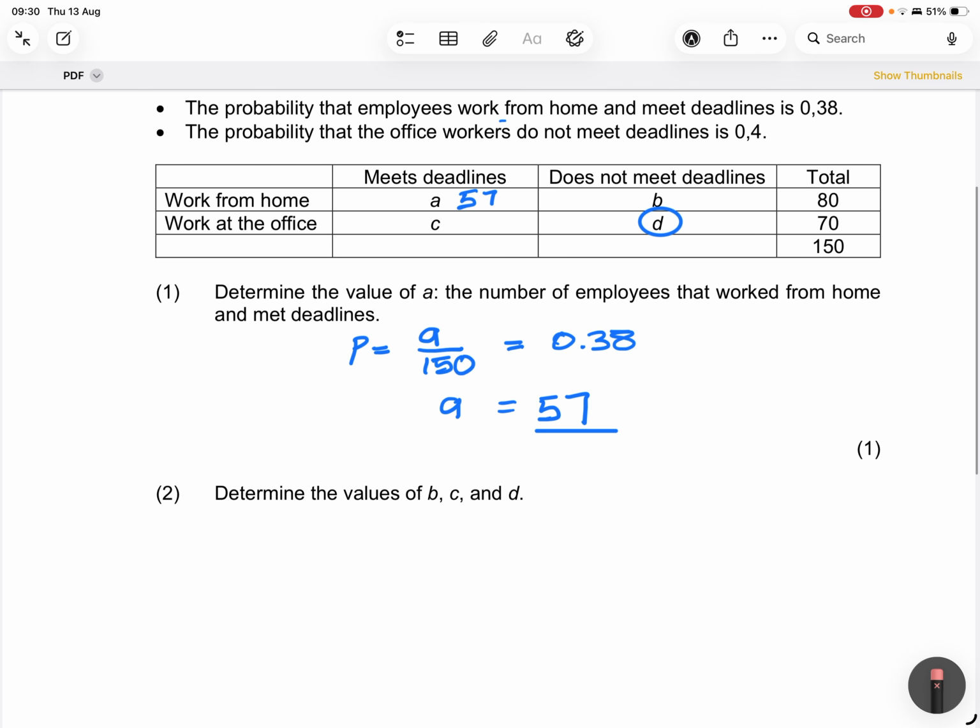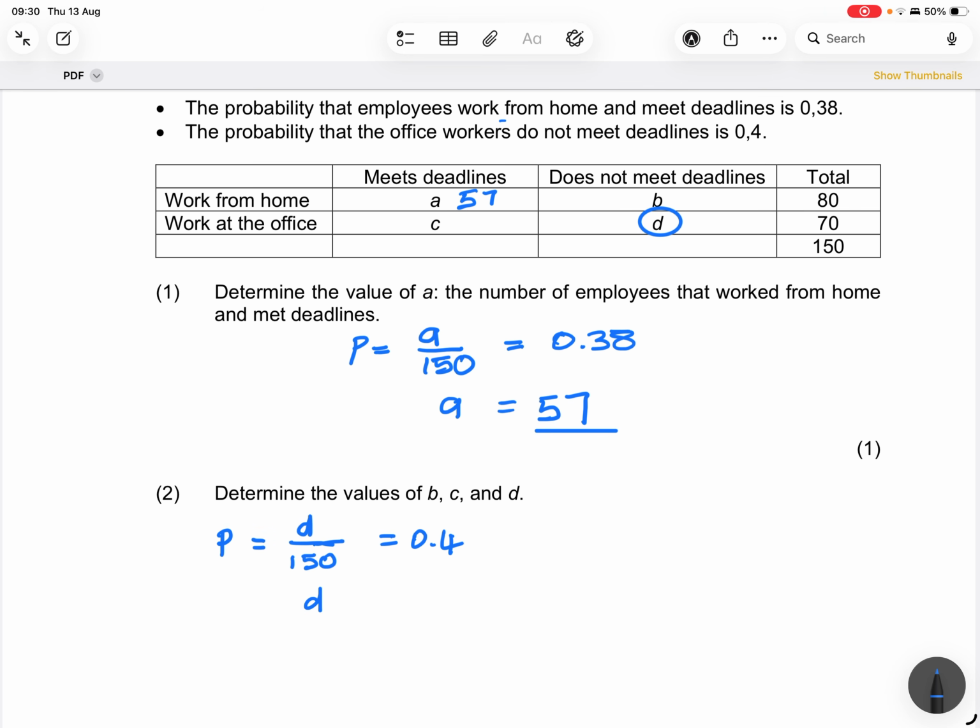So again, the probability that we've got office workers, so that's the number of people that do not meet the deadlines divided by the total sample size or population size, and this is equal to 0.4.